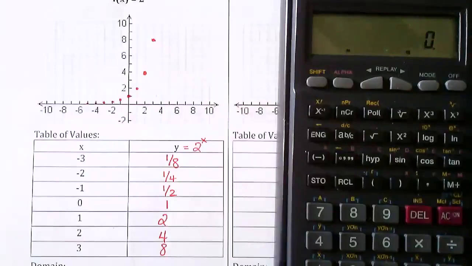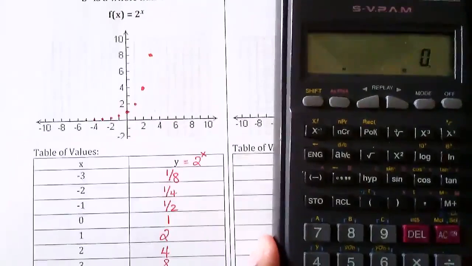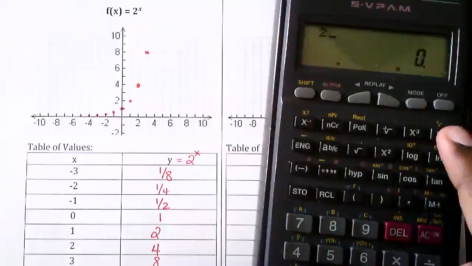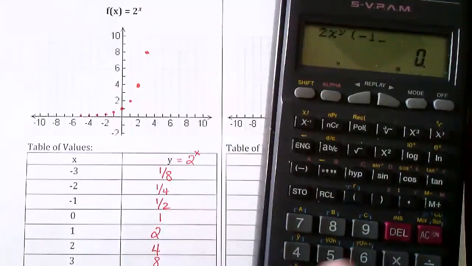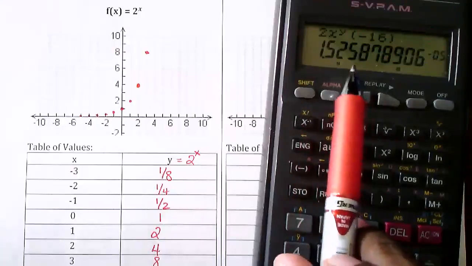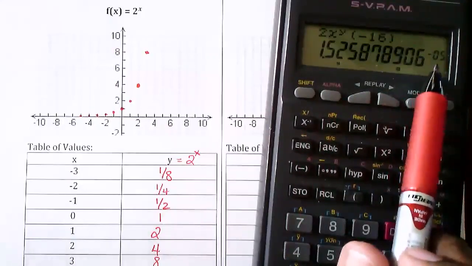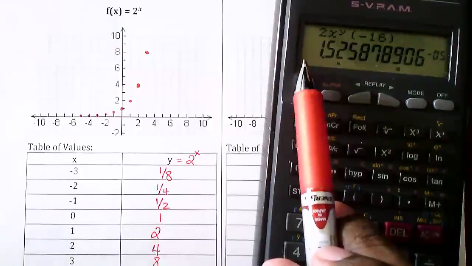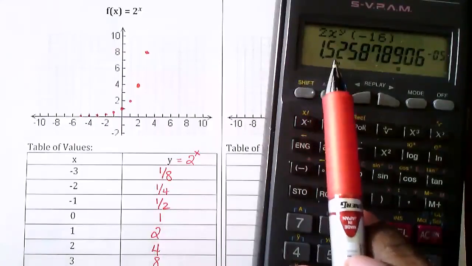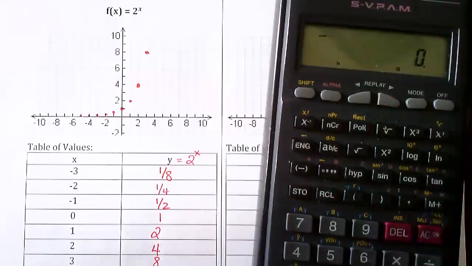I want you to try a ridiculously high number on your calculator. So let's do 2 to the power of -16. Okay, so we have 1.525 times 10 to the power of -5. So that's 0.0000152. Let's try now 2 to the power of -30.